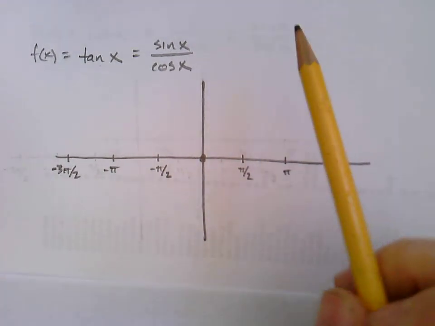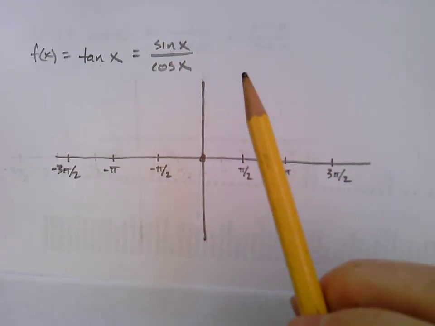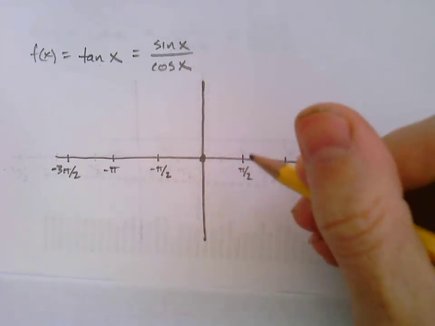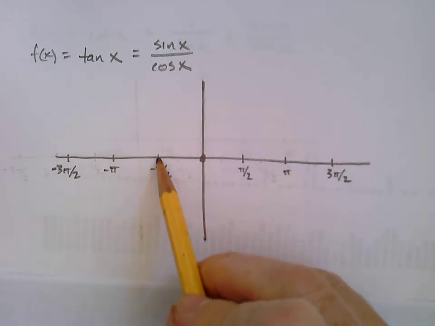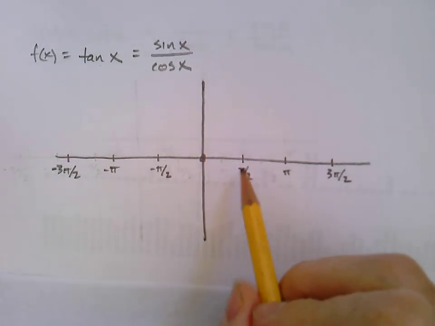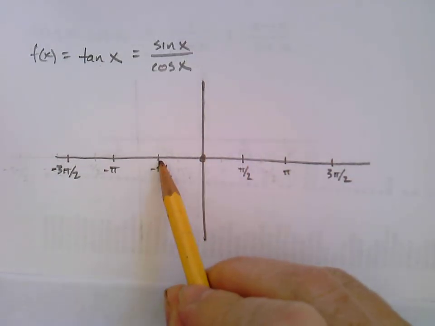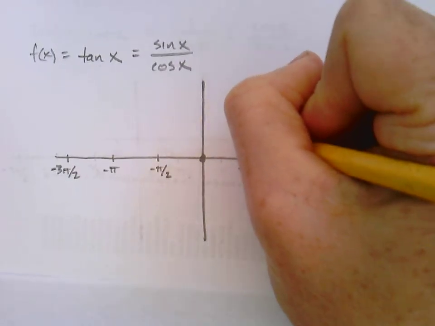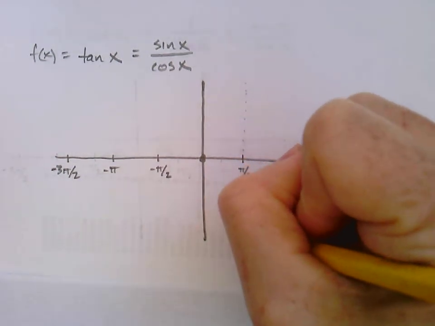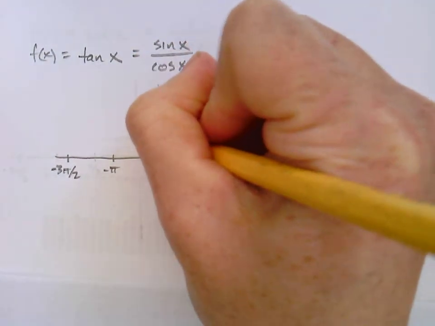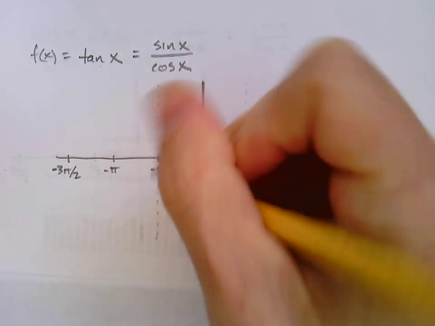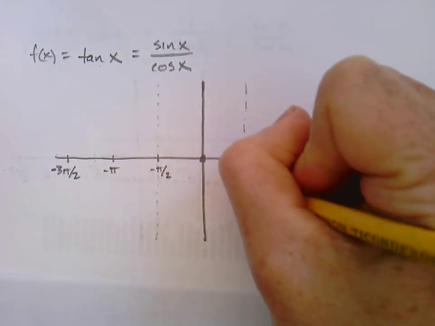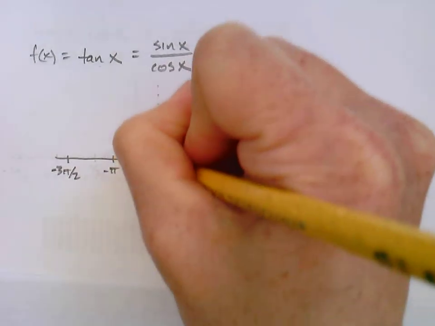It's off the screen, but if you look back at your graph for cosine, cosine was 0 at pi over 2 and at negative pi over 2. Well, if cosine is 0 at those values and we're dividing by cosine, there's going to be a vertical asymptote at each of these locations.